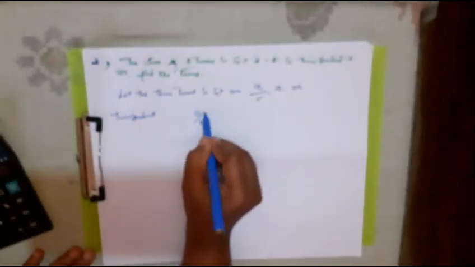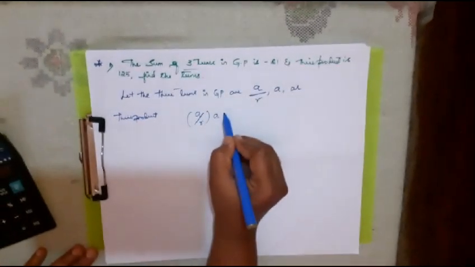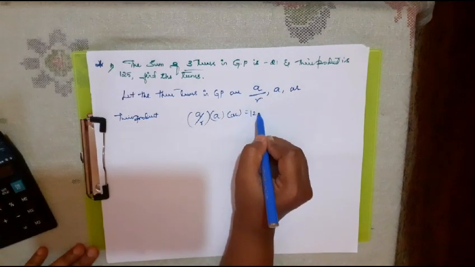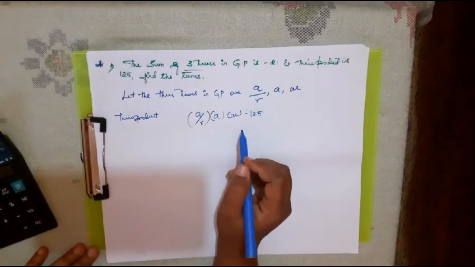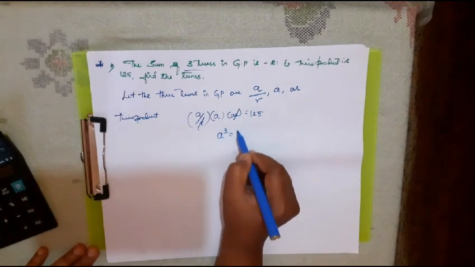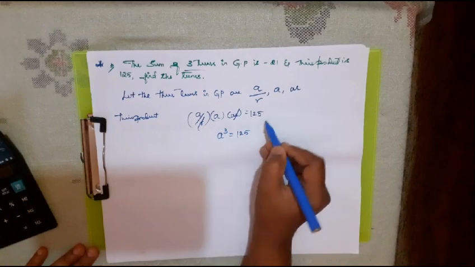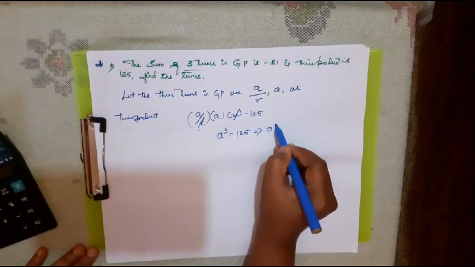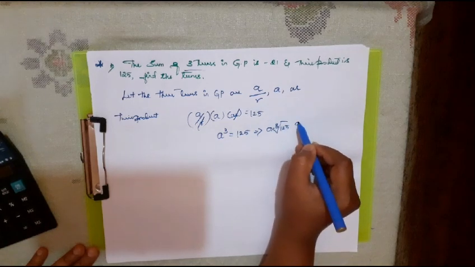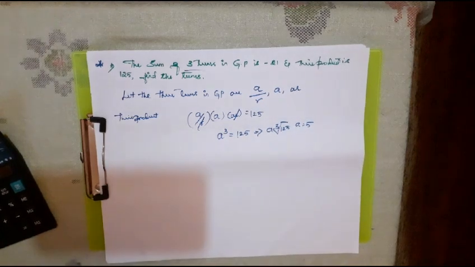So A by R times A times AR is equal to the product, 125. Here we can cancel R, so you will get A cube is equal to 125, and we all know well the cube root of 125 is 5, so the value of A is 5.